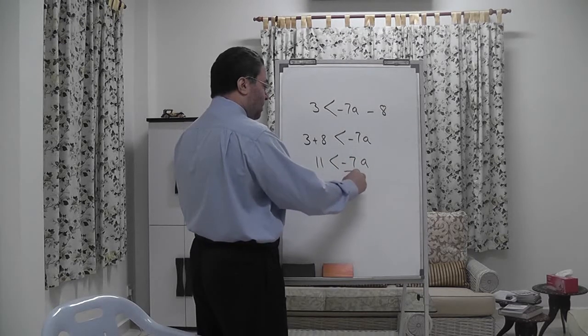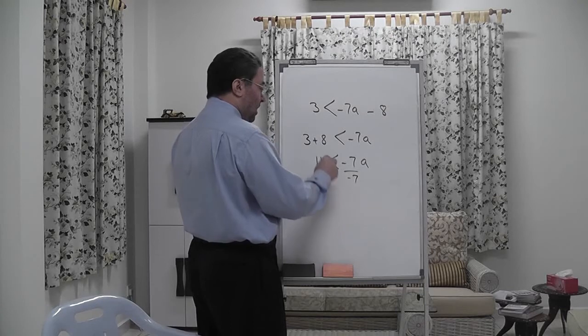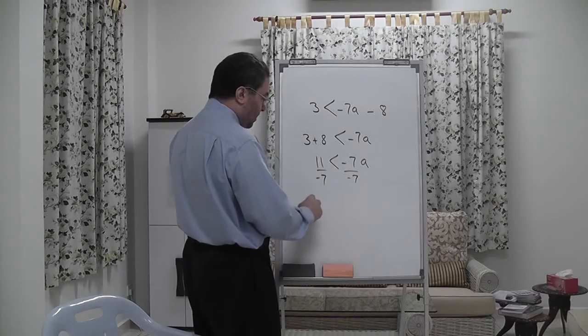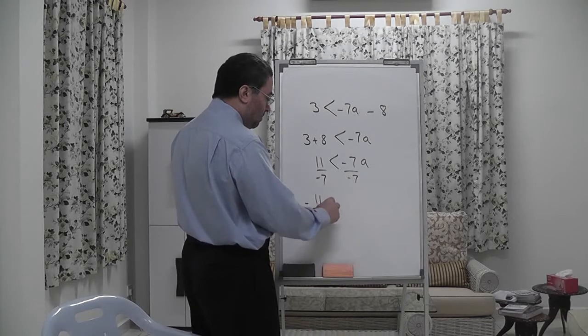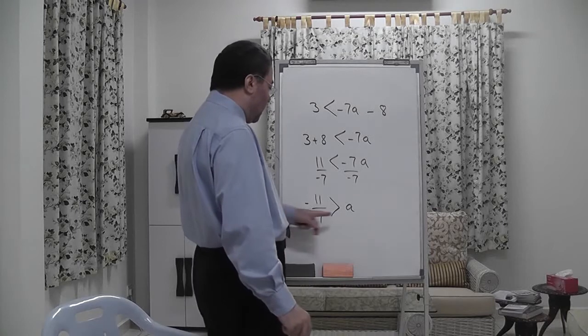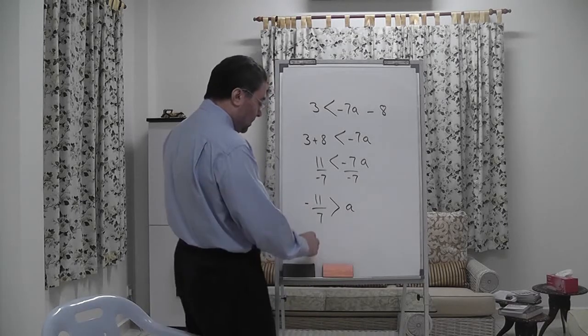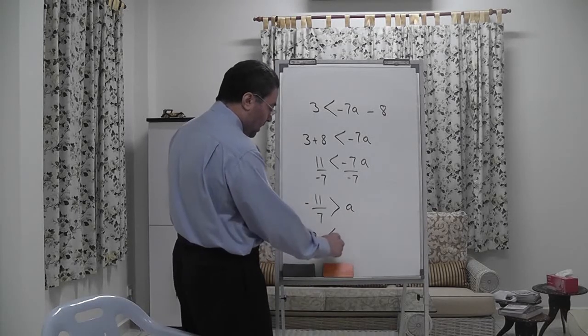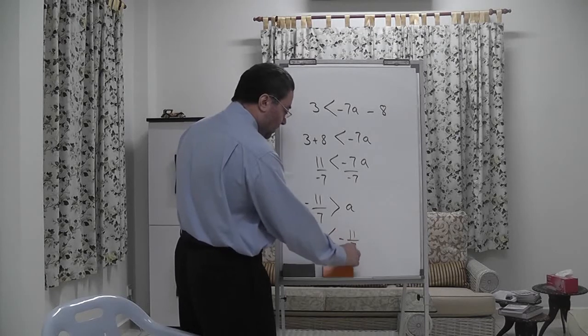We are going to divide by minus 7 and flip the sign, so we have minus 11 over 7 more than a. Here we can reread this as a less than minus 11 over 7.